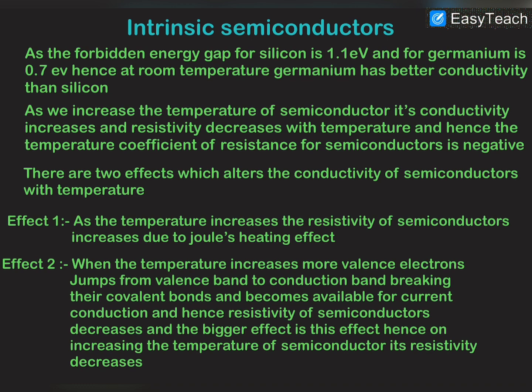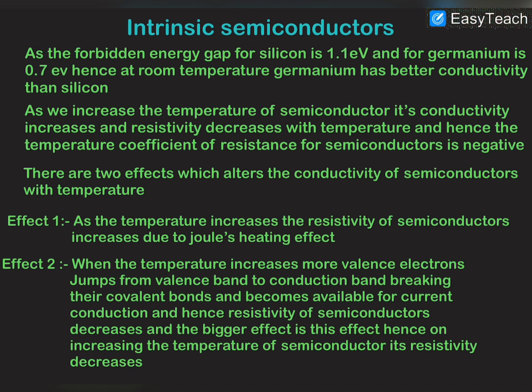So the conductivity of germanium at room temperature is better than the conductivity of silicon at room temperature. Now, as we increase the temperature of semiconductors, their conductivity increases and the resistivity decreases, and therefore the temperature coefficient of resistance of semiconductors is negative.